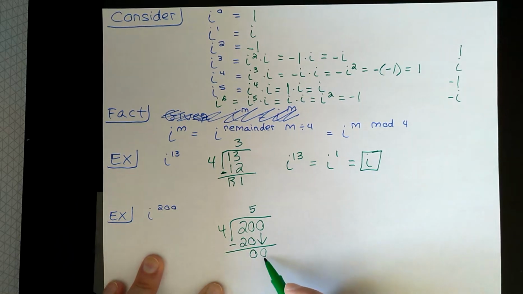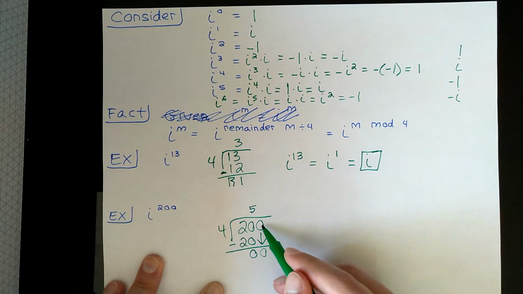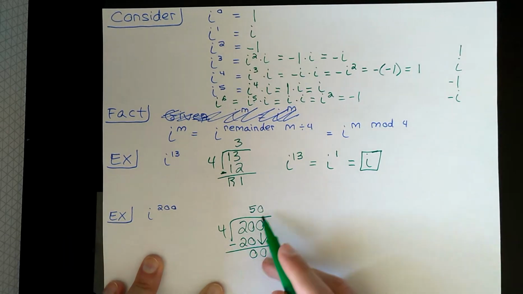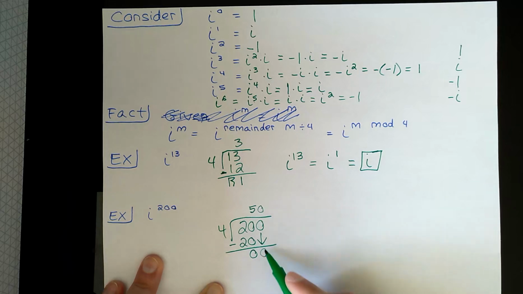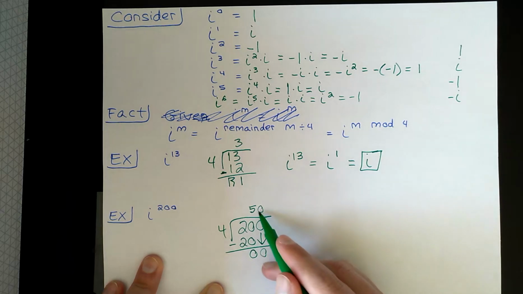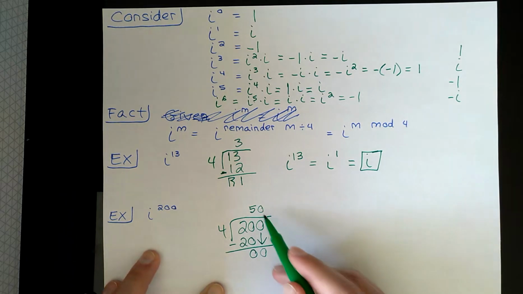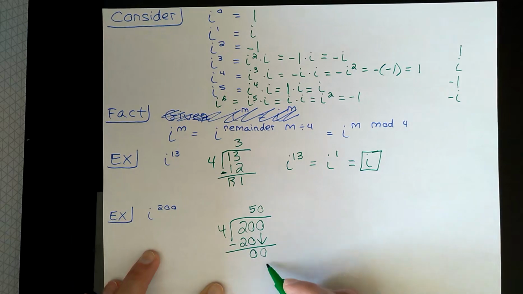4 does not go into that 0, but because we brought it down, we say it goes in 0 times. Whenever you bring down a number, you have to write a number up top. So we don't just leave it at 5, we put a 0 up here. And now 0 times 4 gives us 0. We subtract, 0 minus 0 is 0.